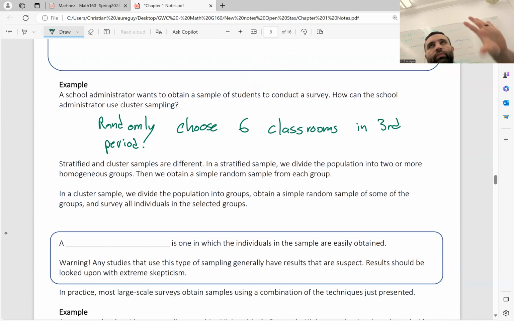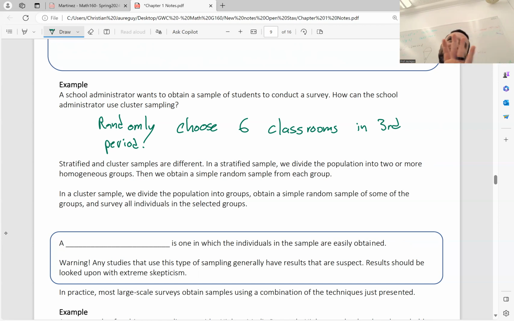So something we want to be careful about is stratified and cluster sampling feel kind of close. They both have groups, but here's a clarification. They are different. In a stratified sample, we divide the population into 2 or more homogeneous groups, then take a sample from all the groups. Whereas the cluster sample has groups, but we randomly choose all the individuals in some groups.